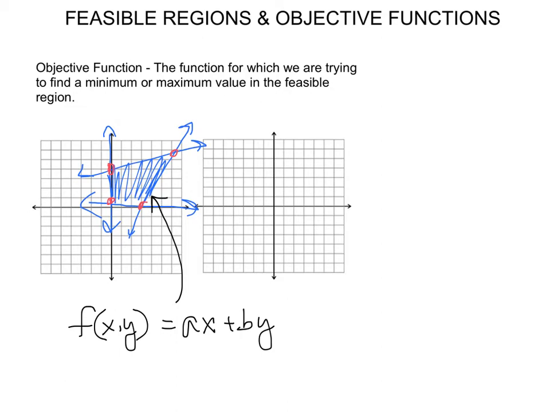Meaning, if I take this point here in the region, that's an x, y, and I plug it into my function, it's going to give me a value. If I take this point here and I plug it into my function, it will give me a value as well. It's going to give me some number when I plug those in. And the question is which of these points in this region gives me either the maximum value or the minimum value?